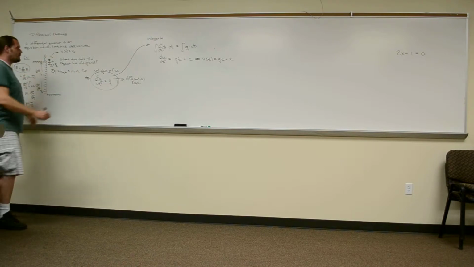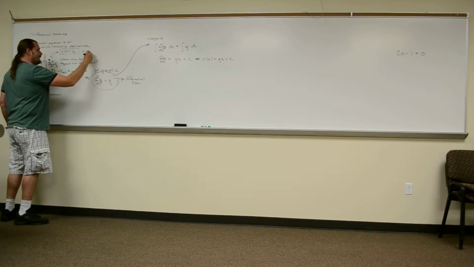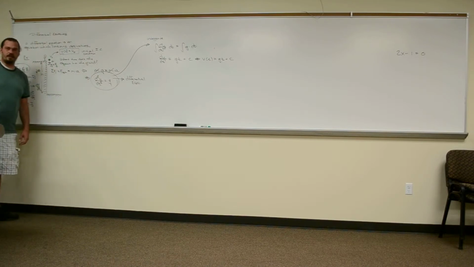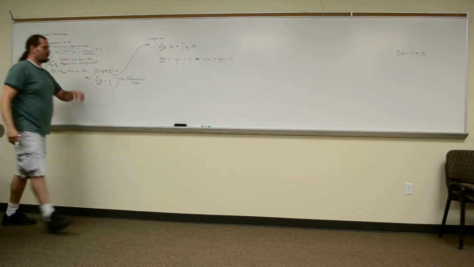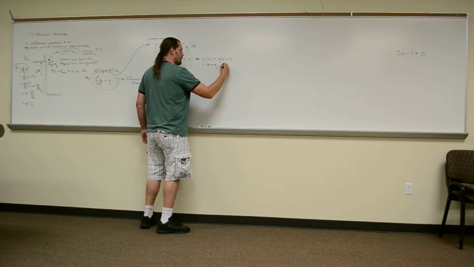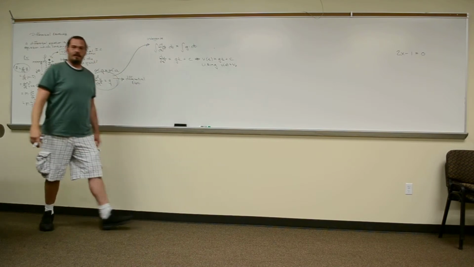Well, if you use this condition, and by the way, this is referred to as an initial condition, commonly just called an IC, so if I use this condition, can anybody tell me what the c is equal to? V naught. V naught.